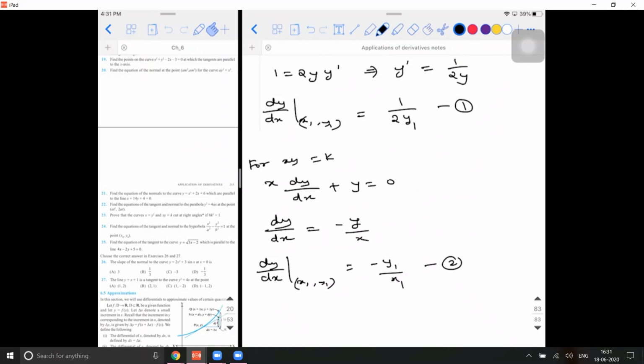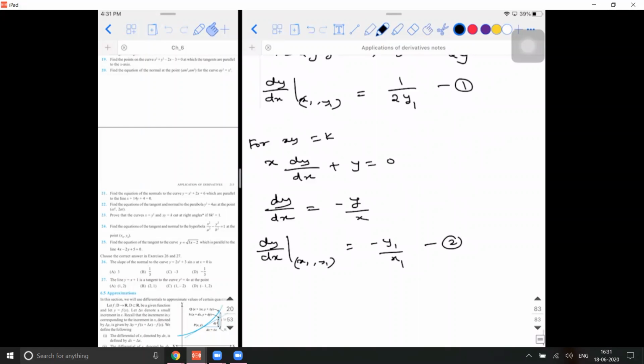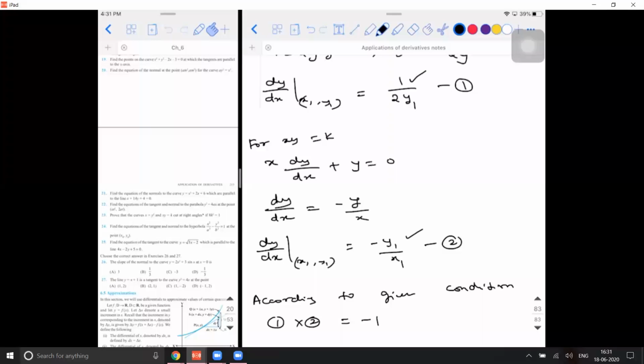So according to the given condition, what should I write? Equation 1 into 2 is minus 1, because this slope and this slope multiplied together should give me minus 1 for the perpendicularity concept.